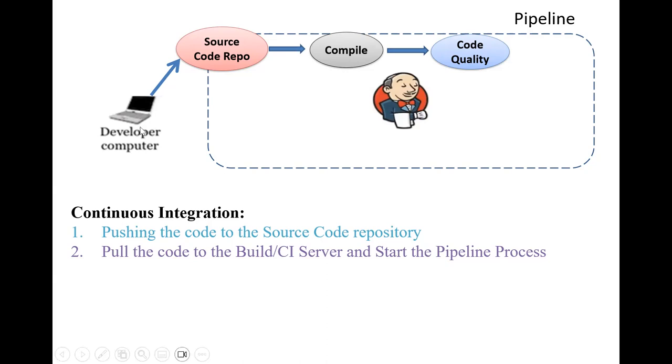The developer has to fix it and recommit the code, and it will be reviewed again. Now if it is okay, it will be promoted to the next stage. That is approvals. If everything is okay with the code quality, it will be approved.